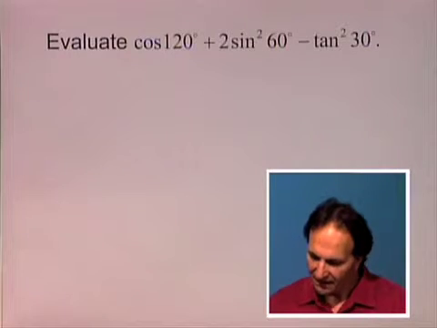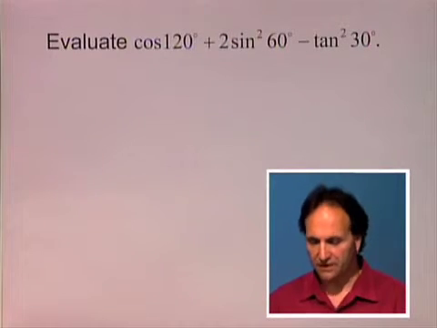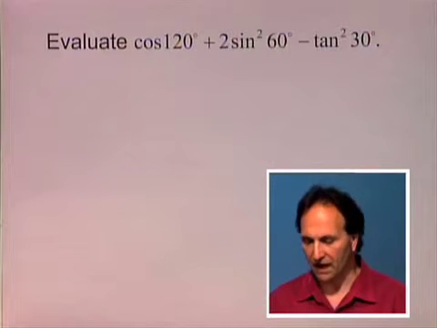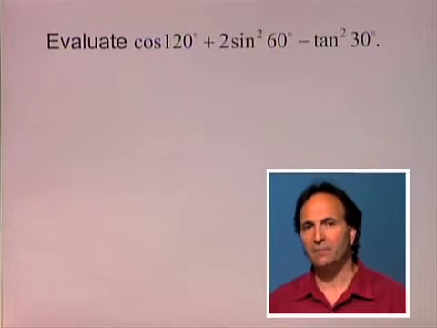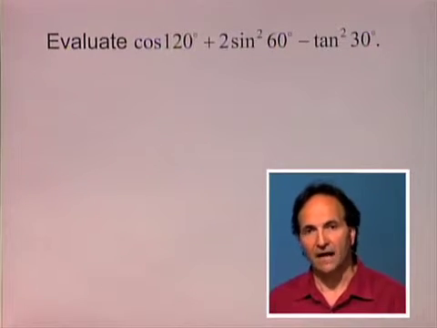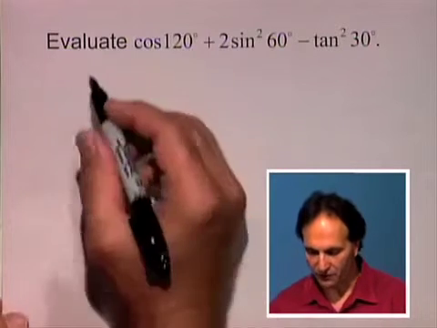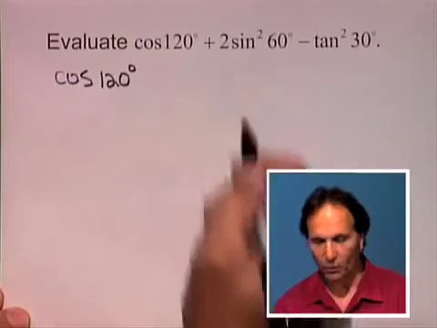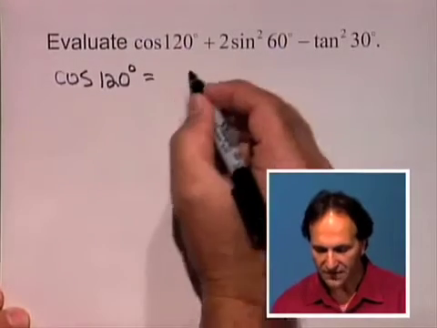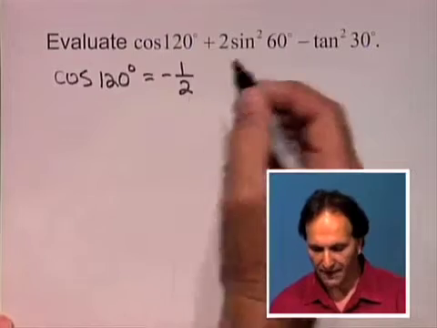In this example, we'll evaluate an expression using function values of special angles. Evaluate cosine 120 degrees plus 2 sine squared of 60 degrees minus tangent squared of 30 degrees. Let's begin by writing down the trig function values for those three. The cosine of 120 degrees is equal to negative 1/2.